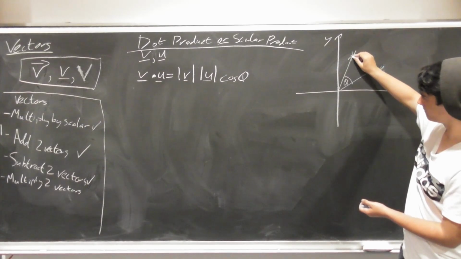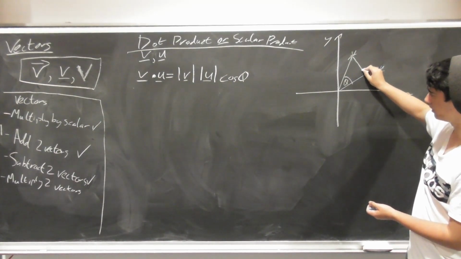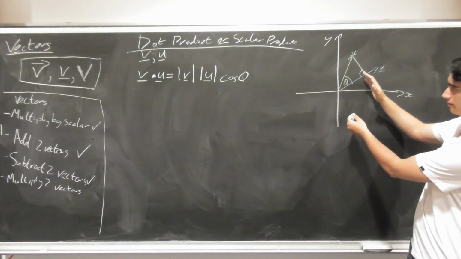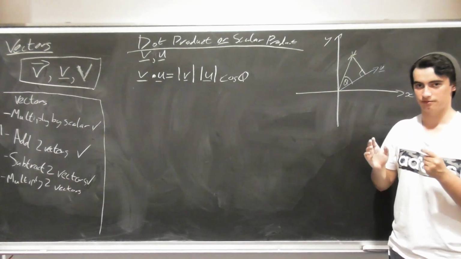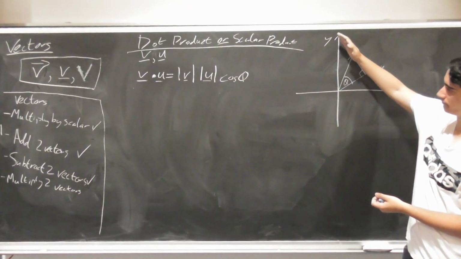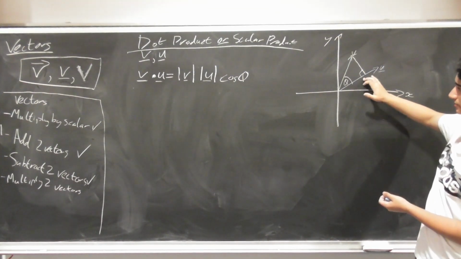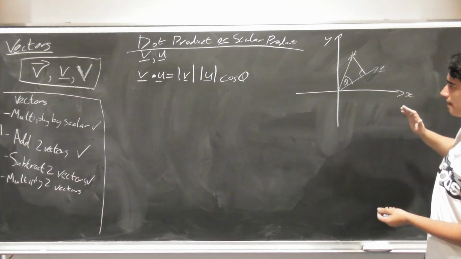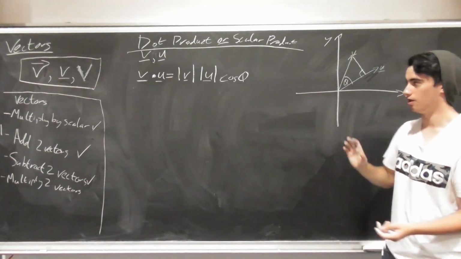If we go down here and make a right angle triangle, in a way, this is what we call a projection. We're taking v and pushing it down onto u, and seeing how much of an overlap there is along u.